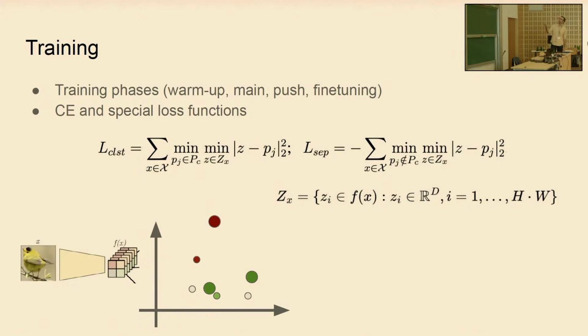So, as I said before, we have this set ZX. This set ZX is the set of representations of all positions, the vectors from the representation space. So this D is the number of channels, and this H times W is 49, so this is 49 vectors. And what do we do?